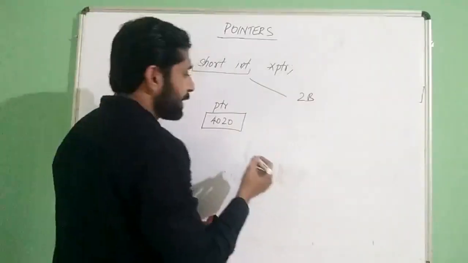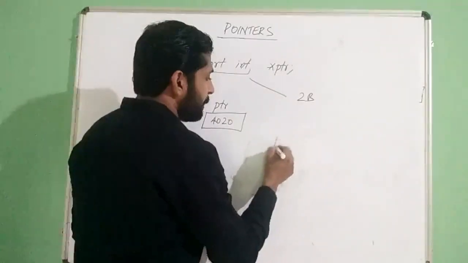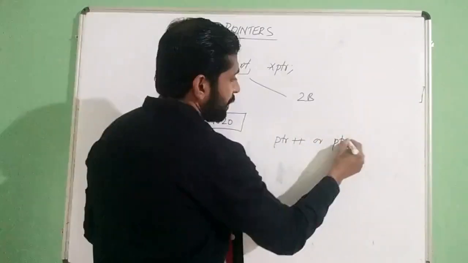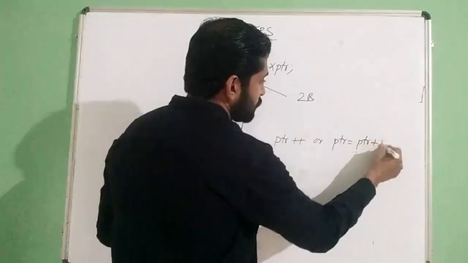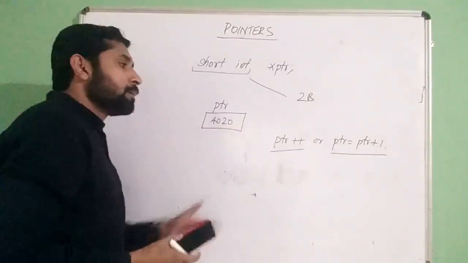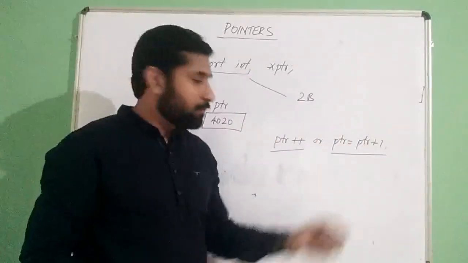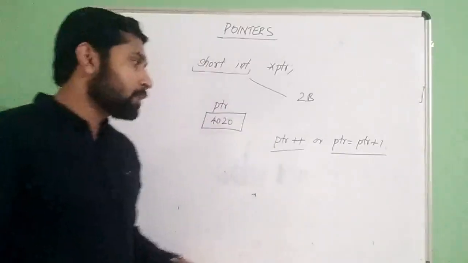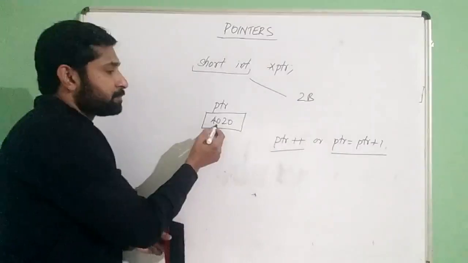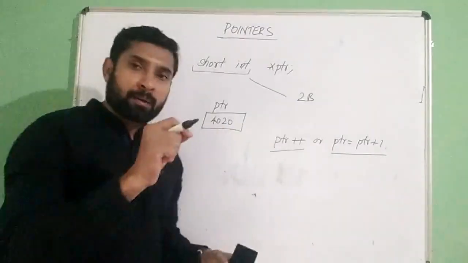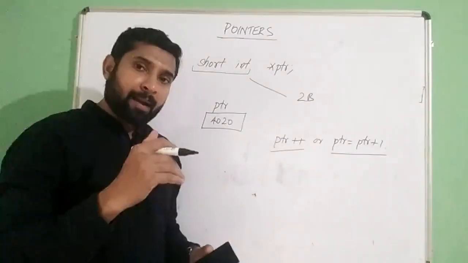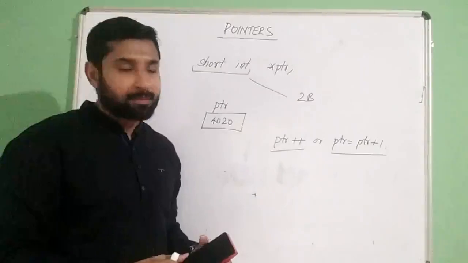Now what happens if you write a statement like this? PTR plus plus or PTR equal to PTR plus 1. What happens? Here, adding 1 to a pointer does not simply add 1 to that pointer.